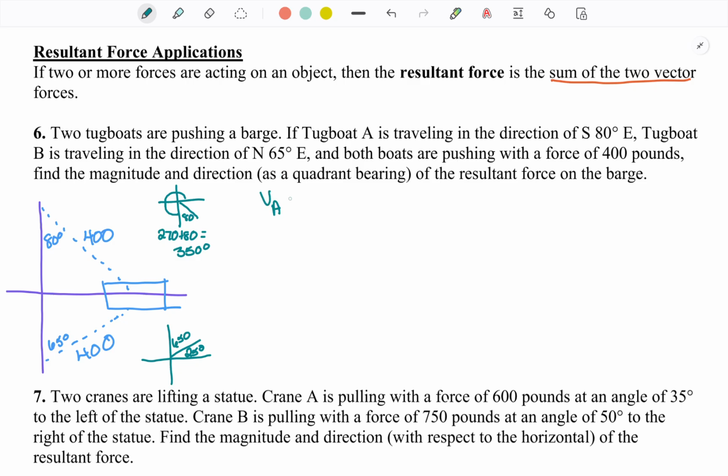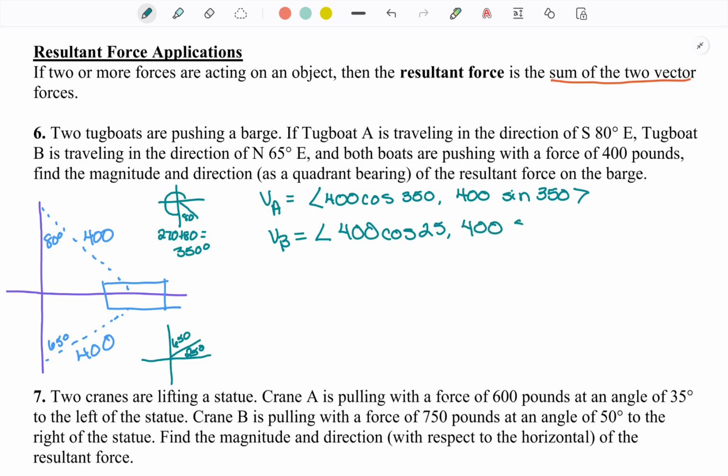So for vector A, we have 400 times the cosine of 350, and then 400 times the sine of 350. Then for tugboat B, that vector is going to be 400 times the cosine of 25, and then 400 times the sine of 25.